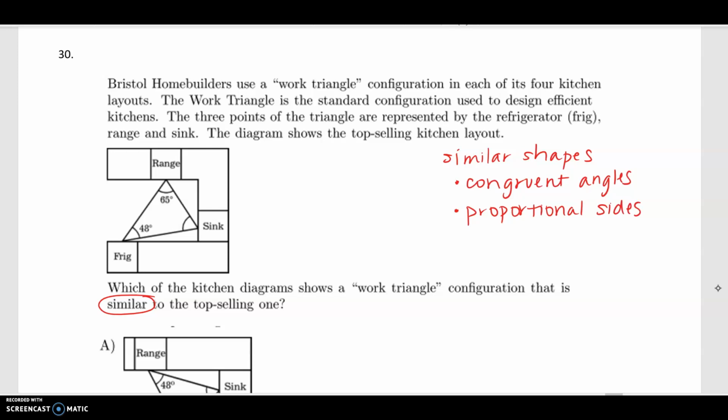Right now there aren't any sides on there, but I see angles, so we're going to be using congruent angles. So we want to find a triangle that's similar, meaning it has congruent angles to the 3 angles above. And something that may help you, in case you forgot, is that a triangle equals 180 degrees. So that may help you find this missing angle right here.